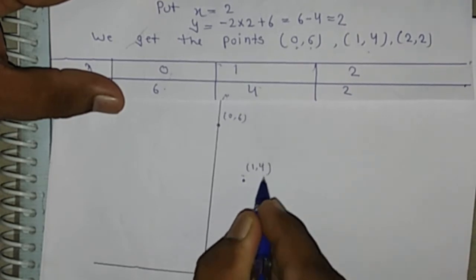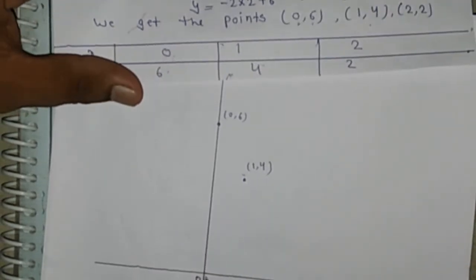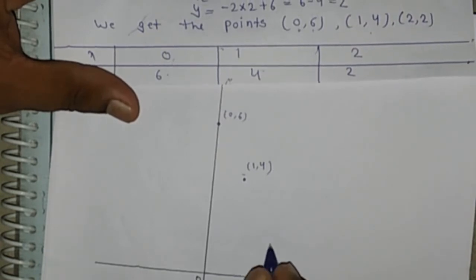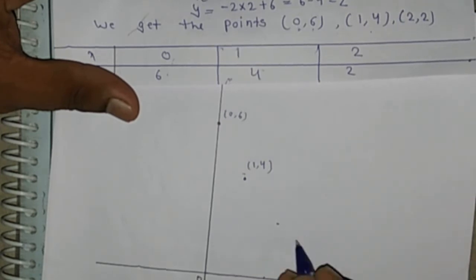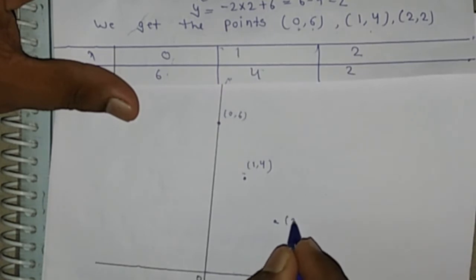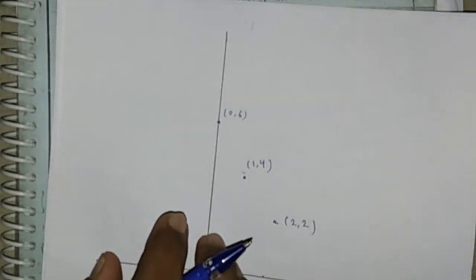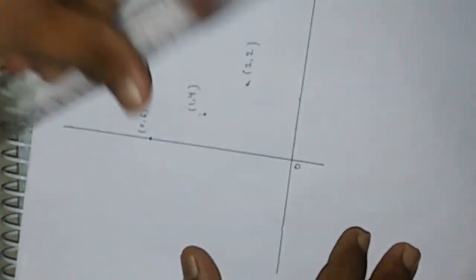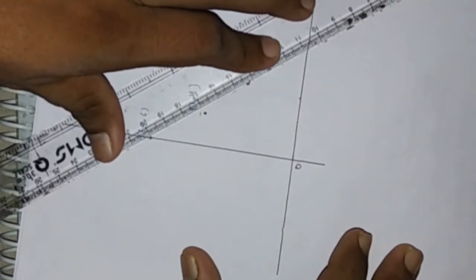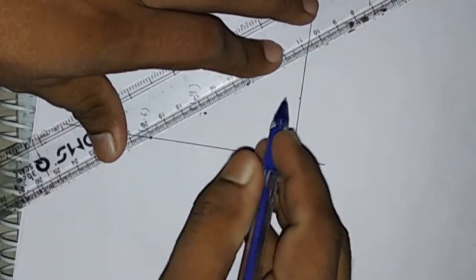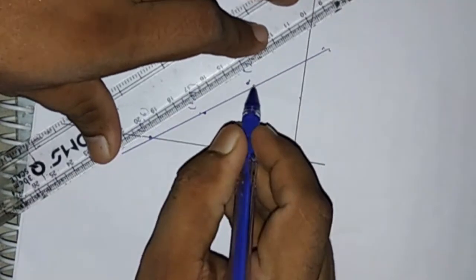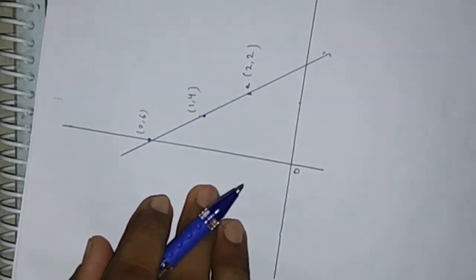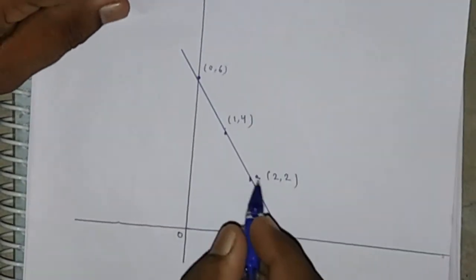Then 2, 2. It is 2, 2. Then the first line is this line.